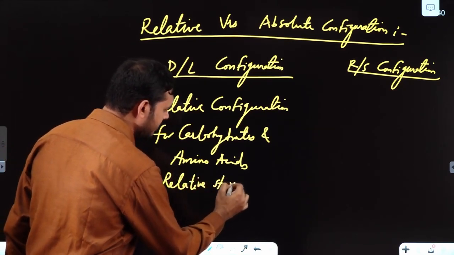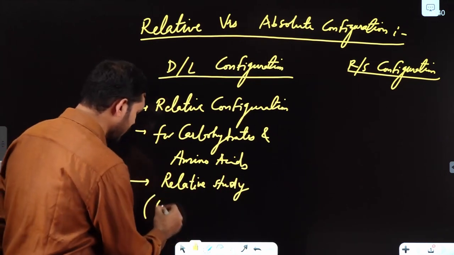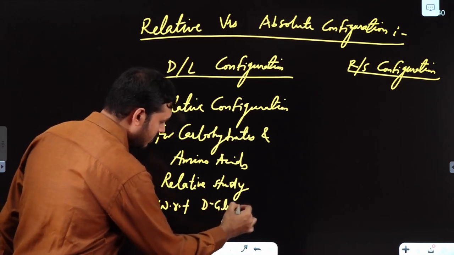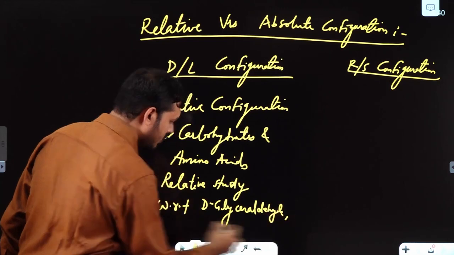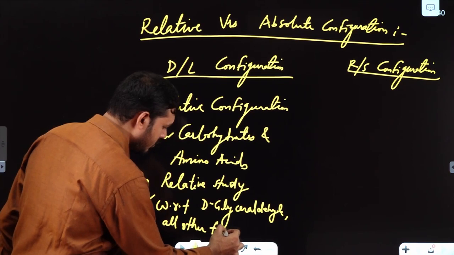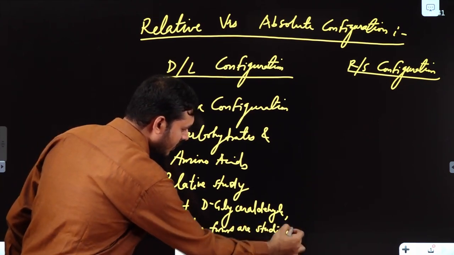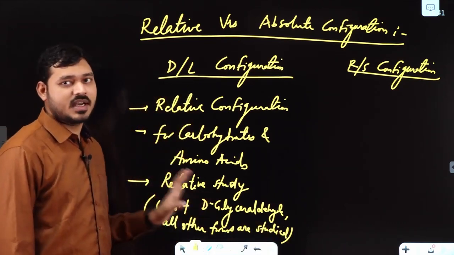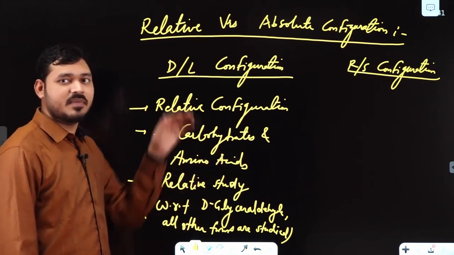With respect to D-glyceraldehyde, all other forms are studied. It was first discussed with respect to the glyceraldehyde compound, D form, then its L form mirror image, and then further compounds with respect to that.